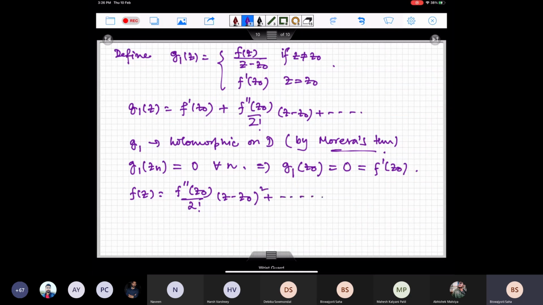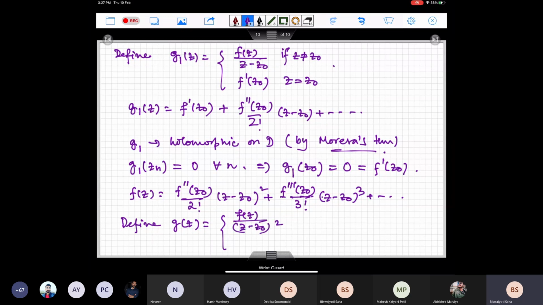Higher degree terms: f triple prime at z naught divided by 3 factorial into z minus z naught cubed, and so on. Now again define a new function g2 of z. What is g2 of z? g2 of z is f of z divided by z minus z naught squared if z is not equal to z naught, and otherwise f double prime at z naught divided by 2 factorial.